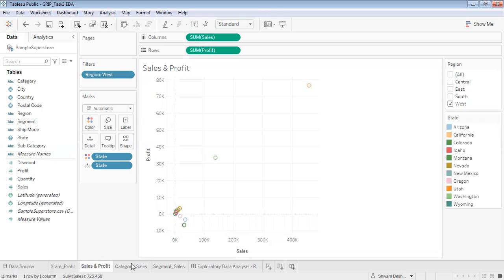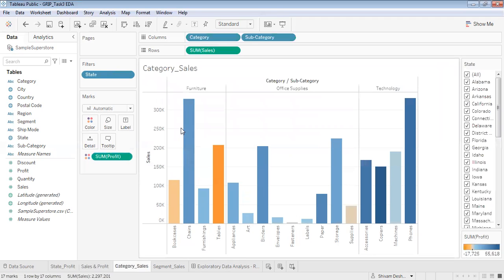The third sheet is the category sales. Here the sales have been depicted by different categories of products: furniture, office supplies, and technology, and these are all the subcategories that you can see. The filters have been used on the states.